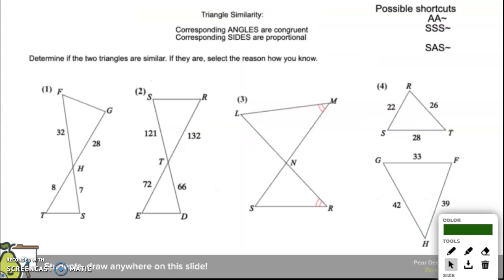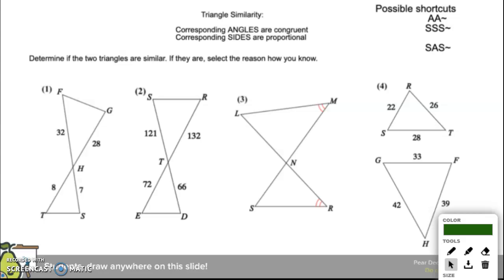Okay, so this was the slide that you could draw on. And you are supposed to determine if the two triangles are similar. If they are, select the reason how you know. Remember, for triangle similarity, corresponding angles are congruent, but the corresponding sides are proportional.